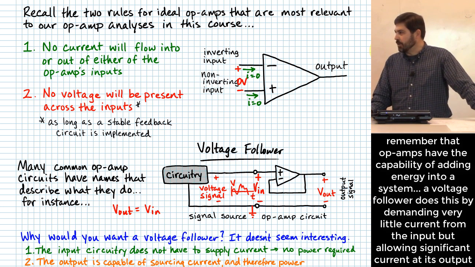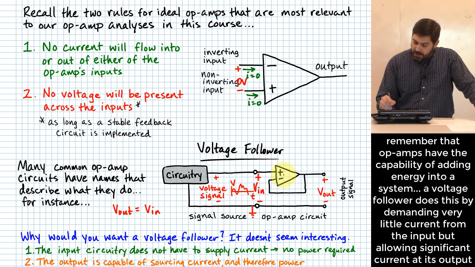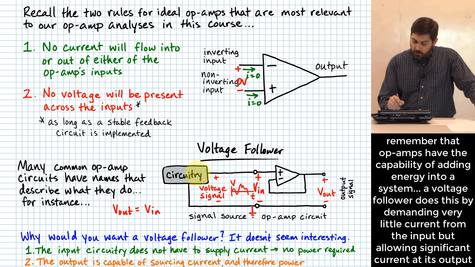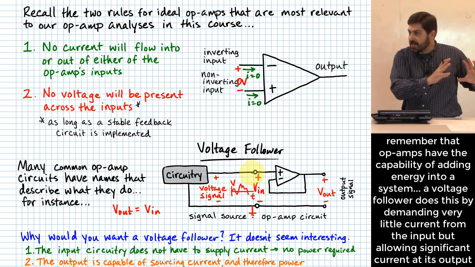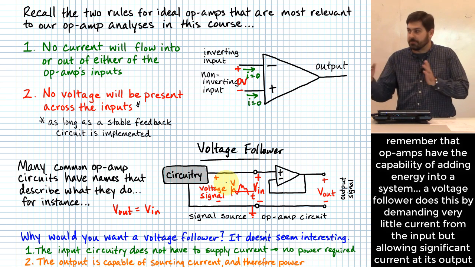Well, let me give you two ideas as to why a voltage follower might be a useful thing for you to have. Remember that on the inputs of your op-amp, there is infinite impedance, or at least very high impedance if you have a real op-amp, right? That means that whatever circuitry you have that's generating this signal, it will not seem to that circuit as though it's connected to anything, because it's not going to have any ability for current to flow.